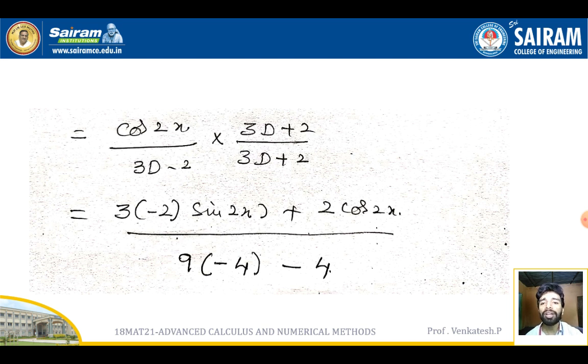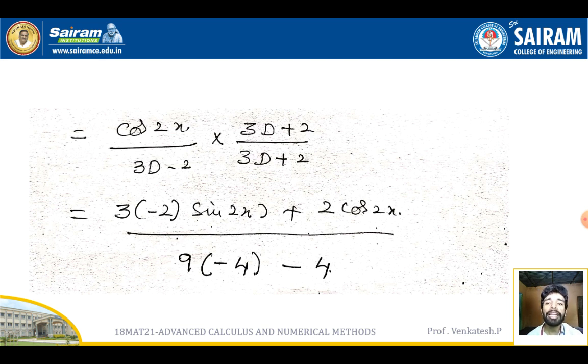Here I multiply and divide with 3d plus 2 to convert this d into d square. Since 3d minus 2 is there, if I multiply with 3d plus 2 in the denominator, it will become 3d whole square minus 2 square, according to the a square minus b square formula.